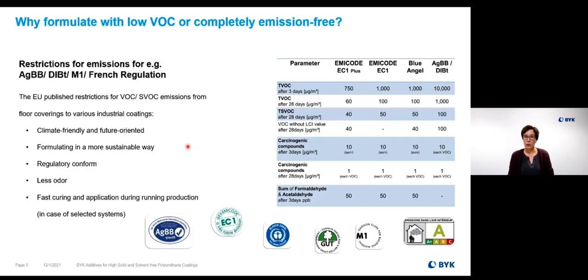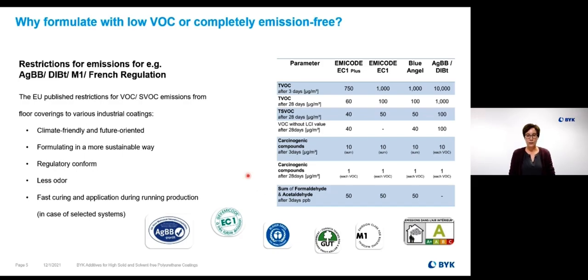Why do we need high solid systems or solvent-free systems? In more and more applications, there are coming regulations which are dealing with VOC or emission or other important properties. When we are talking about reduction of VOC, there are coming directly high solid systems or solvent-free systems in mind. There is, for example, the AGBB or the Blue Angel regulation.